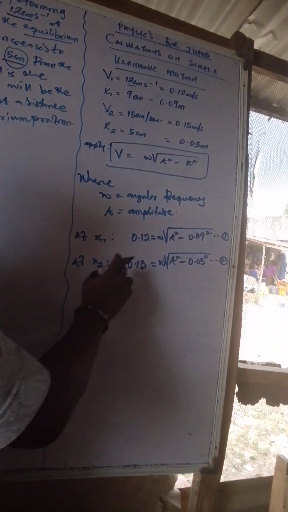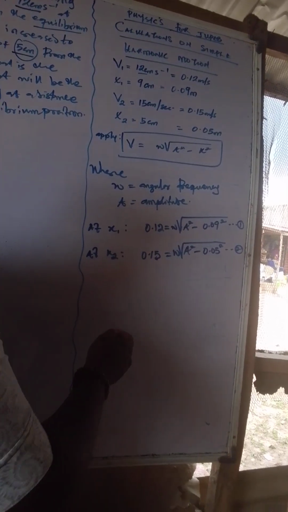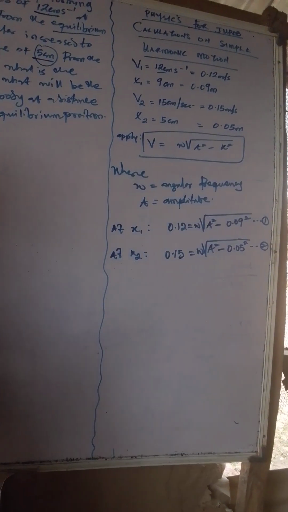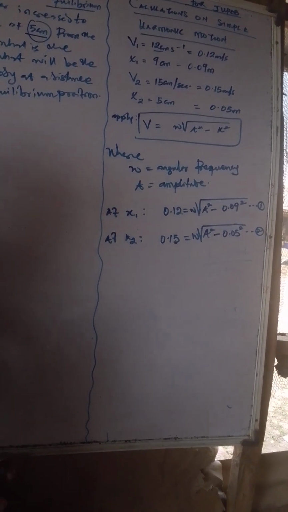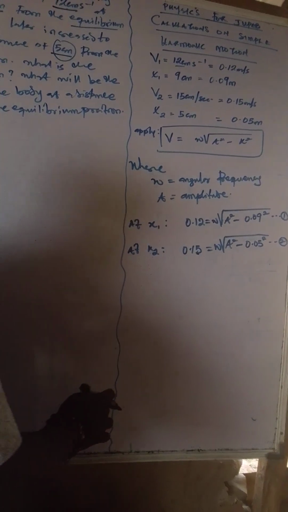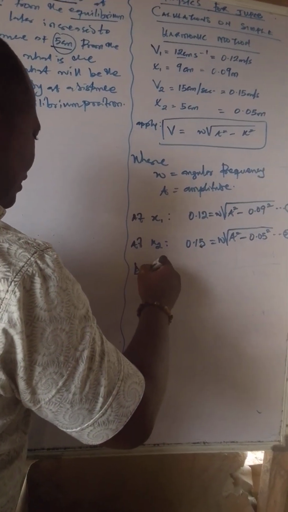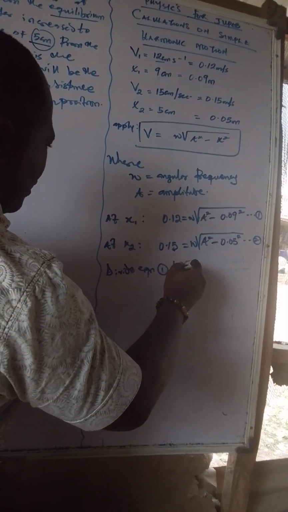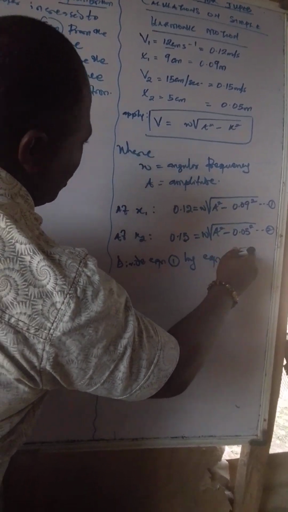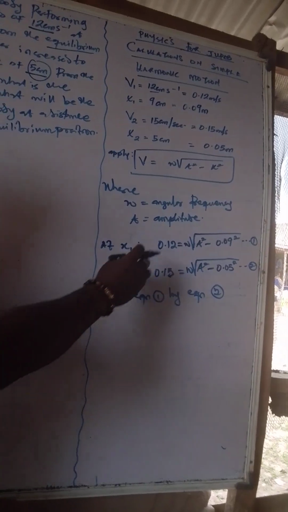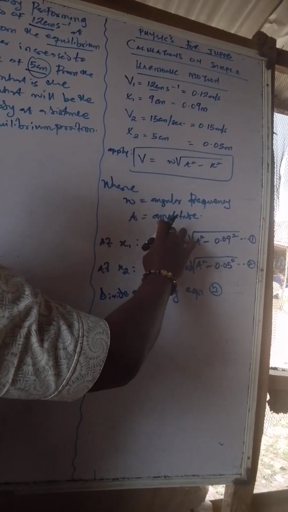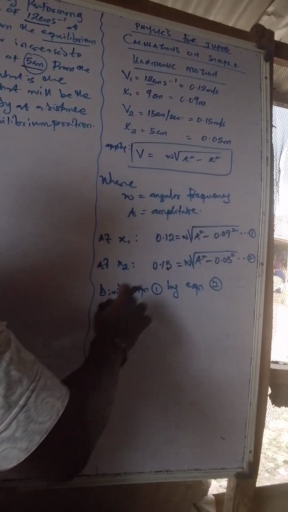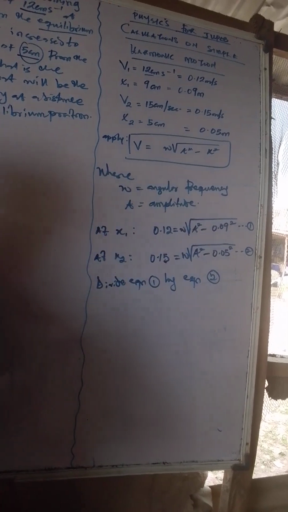So at this point, what should we do? Let us divide equation 1 by equation 2, or equation 2 by equation 1; any one, we are still on the right track. Let's divide equation 1 by equation 2: left-hand side divided by left-hand side, right-hand side divided by right-hand side.